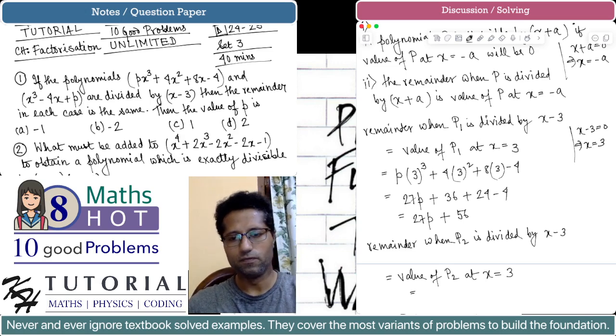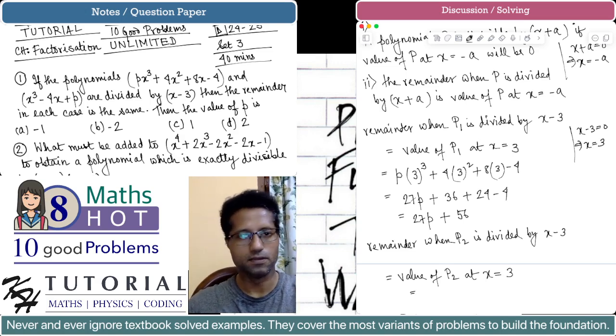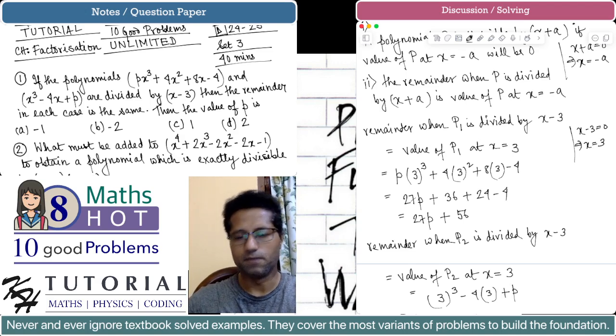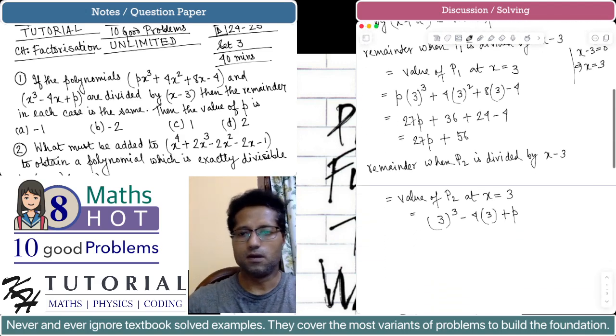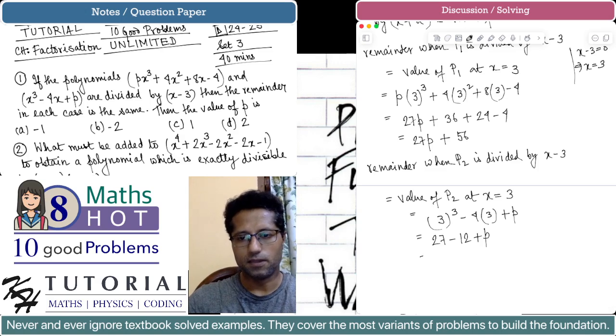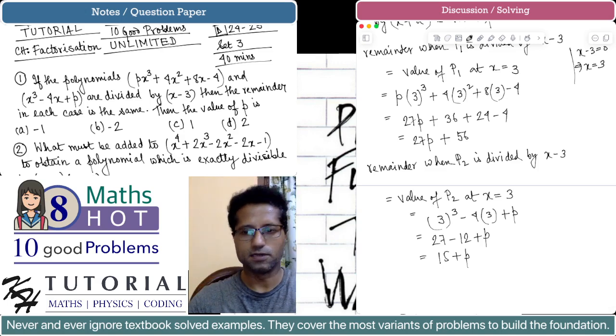This is equal to, we just put the value of x as 3 in the second polynomial, and it becomes 3 cube minus 4 into 3 plus p. So this is equal to 27 minus 12 plus p, and this is equal to 15 plus p. It is given that both the remainders are the same.